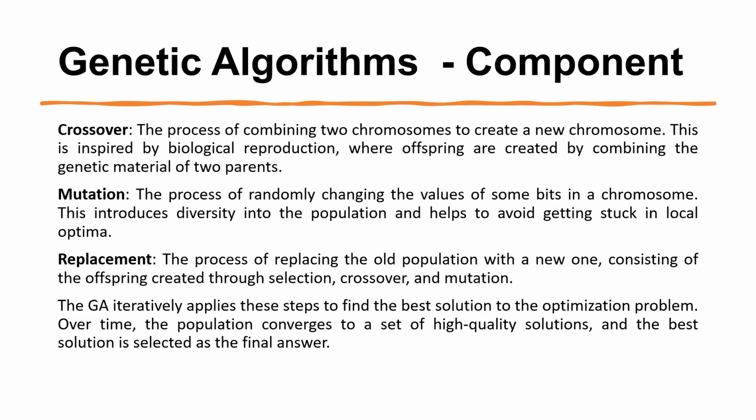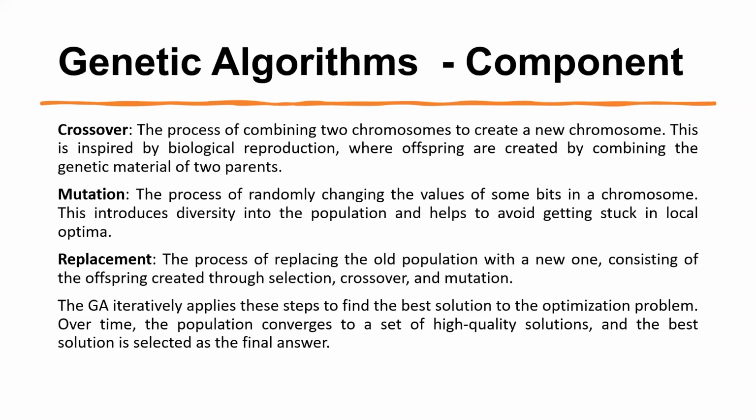And mutation, as I told, randomly changes the values of some bits in the chromosome, which introduces diversity in the population, so that it helps us avoid getting stuck in the same specific region and helps us move ahead in the problem. So these are a few main steps of the genetic algorithm.